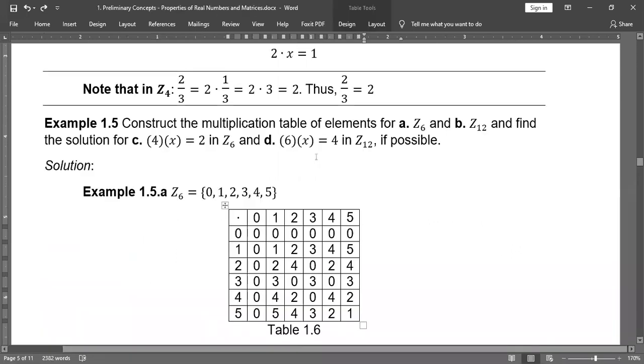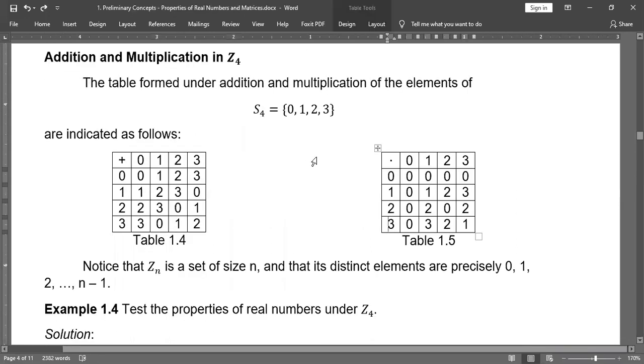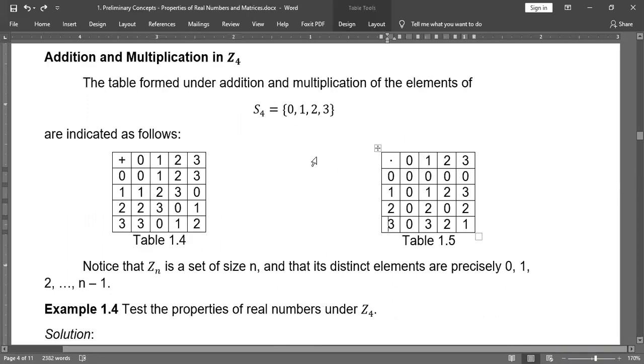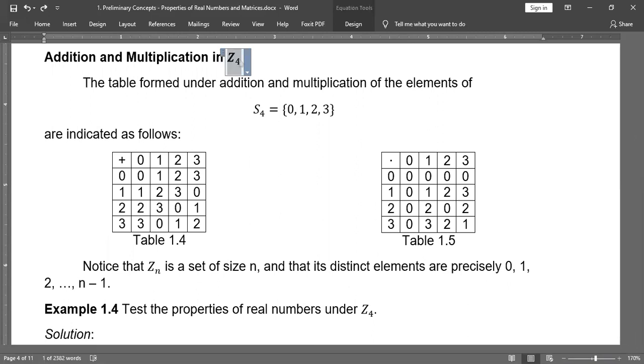Iba yun. Basta if you observe this symbol, yung Z, and then may subscript, doon na ma-apply yung definition ng modulo. Okay, sir, thank you.